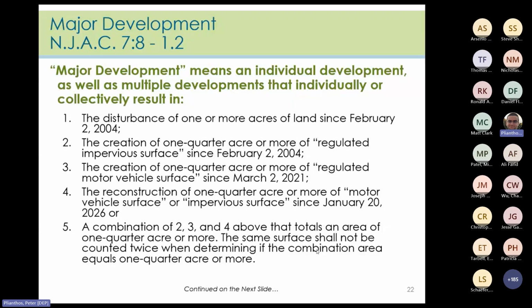Or 5, a combination of 2, 3, and 4 above that totals an area of 1/4 acre or more. The same surface shall not be counted twice when determining if the combination area equals 1/4 acre or more.